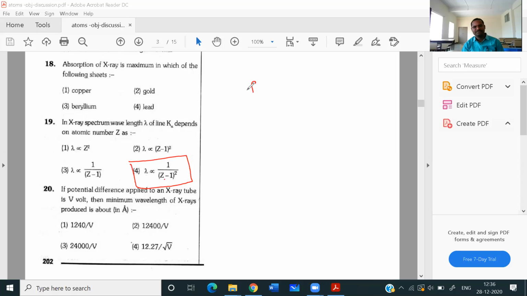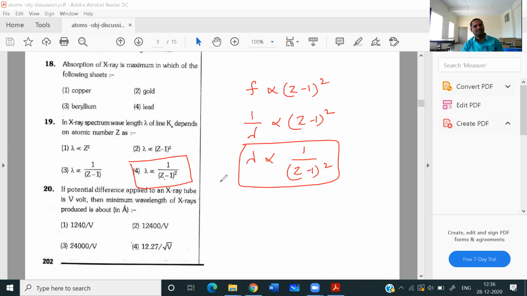Just now I wrote that frequency is proportional to (Z minus 1) whole square, and then it can be written as 1 by lambda is proportional to (Z minus 1) whole square. Then lambda is proportional to 1 by (Z minus 1) whole square. Clear? Yes, this is Moseley's law. Option 4 is the right answer.